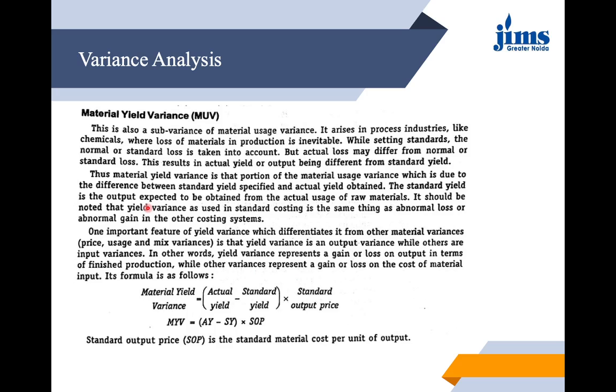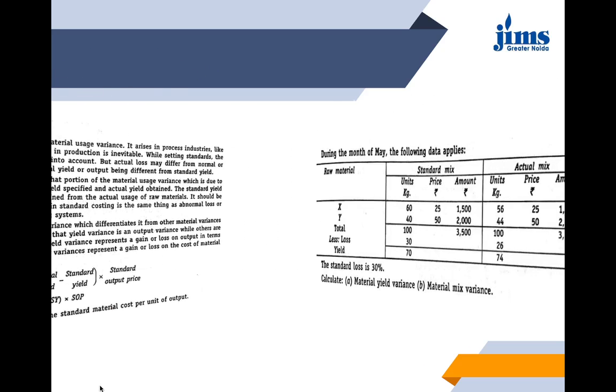So, in other words, yield variance represents a gain or loss on output in terms of finished production, while other variances represent a gain or loss on the cost of material input. Okay, its formula can be represented as actual yield minus the standard yield into the standard output price. Here, SOP, that is standard output price, is the standard material cost per unit of output that we have used.